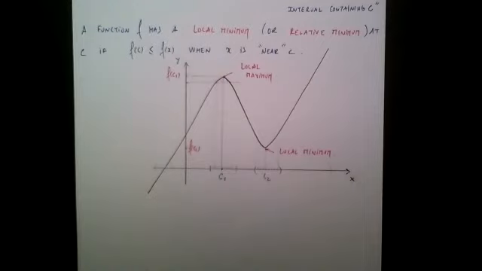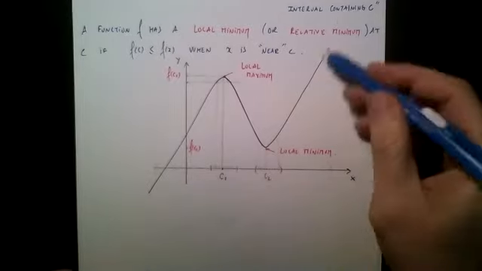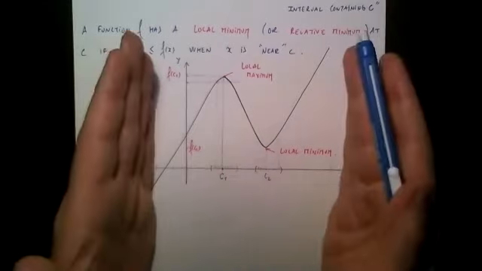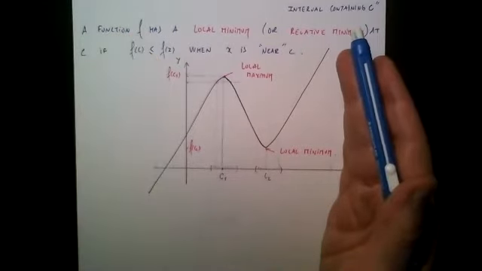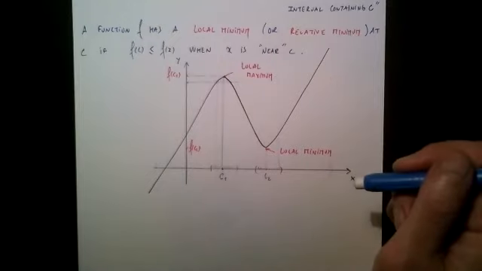Just to be sure, an absolute maximum and minimum is only when the function stops, because this one goes all the way to infinity? What do you mean stop? Vertically or horizontally?